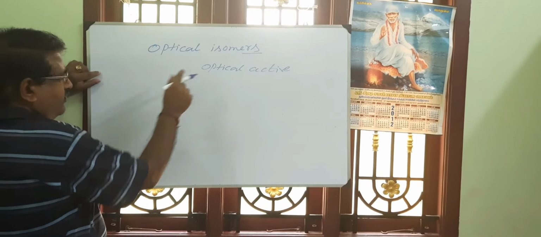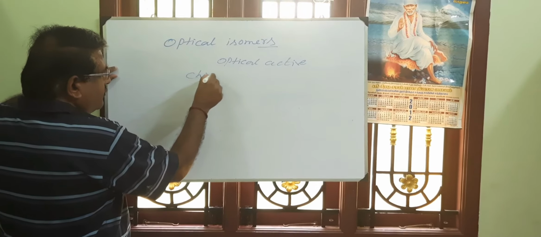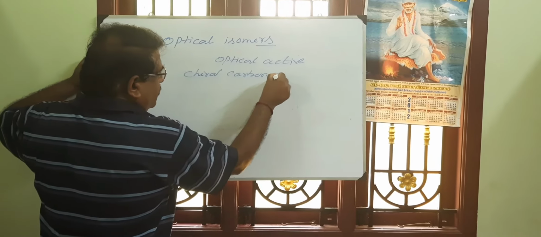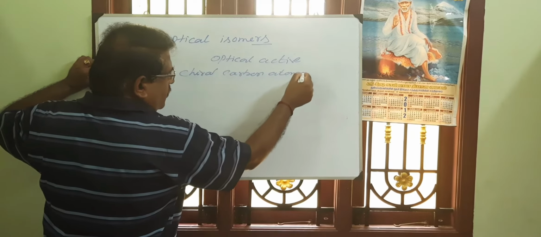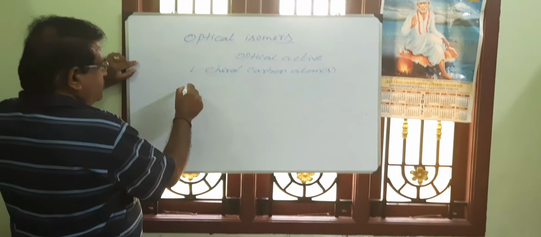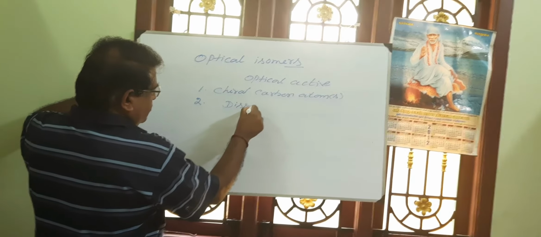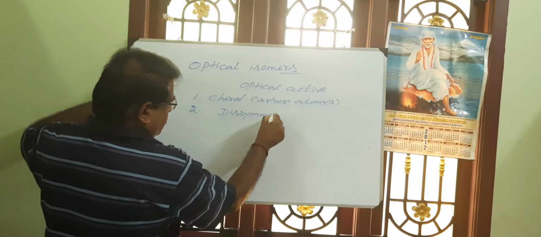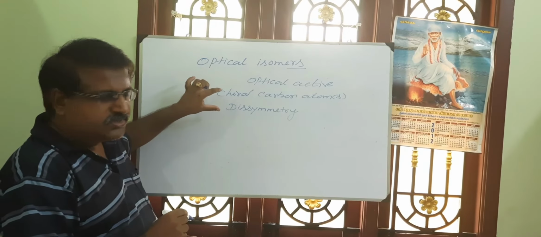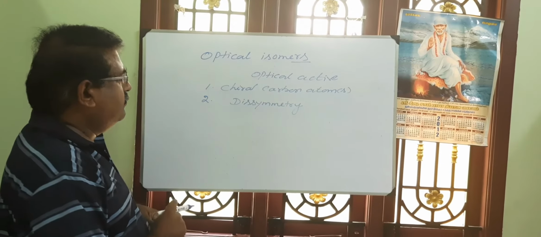To be optically active, the compound should have a chiral carbon atom. Second, the compound should be dissymmetric. When the two conditions are fulfilled, the compound can be called an optically active compound.